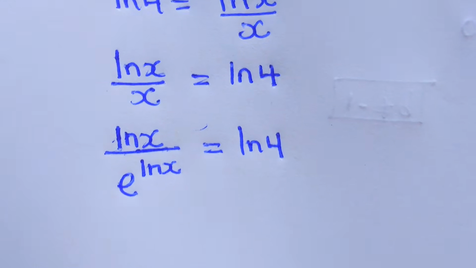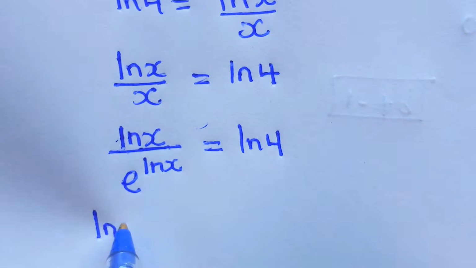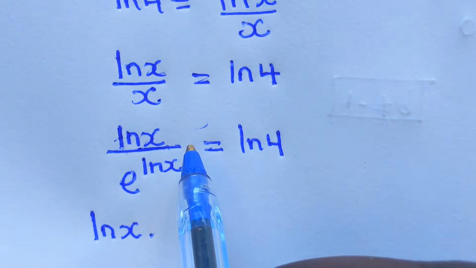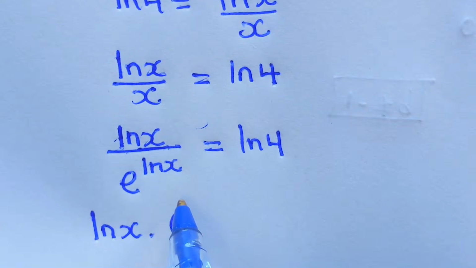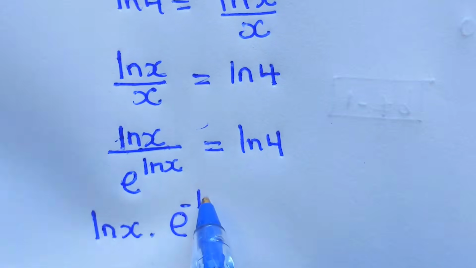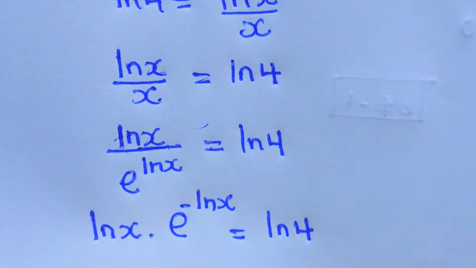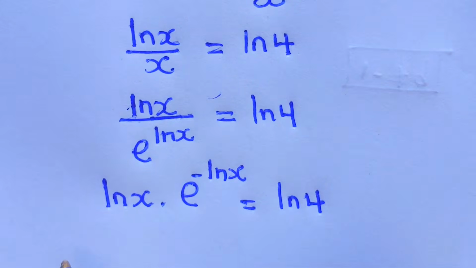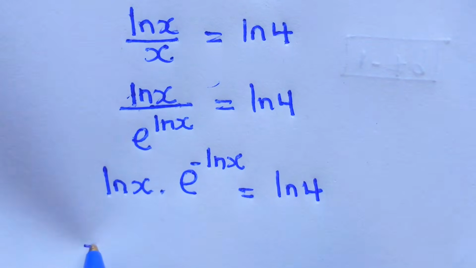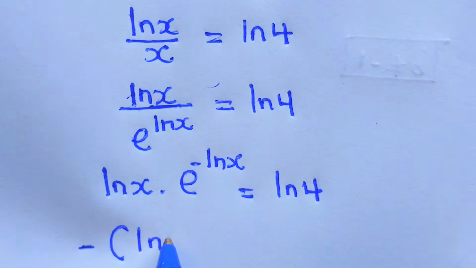Now this is ln x times, by interchanging, e^(-ln x), which equals ln 4. At this stage, to make it the same as we have right here, we can multiply by negative on both sides.